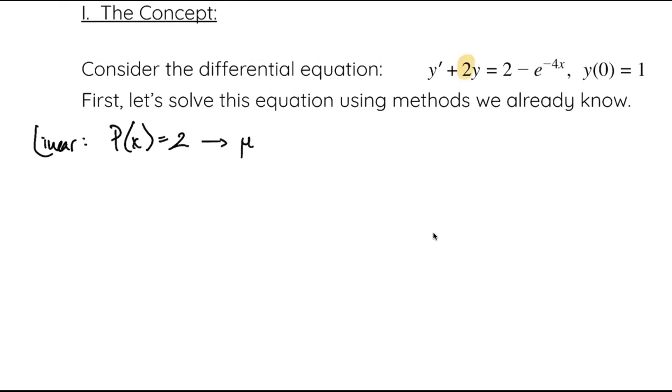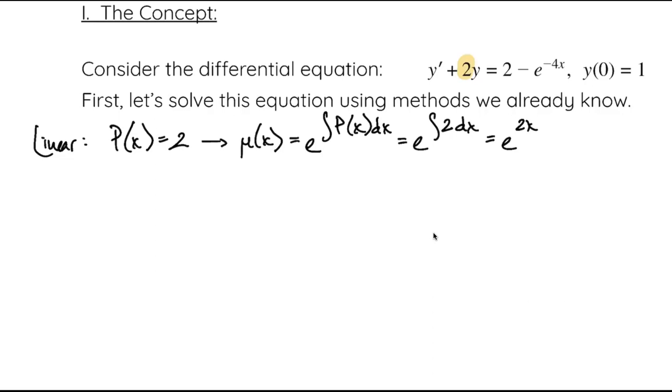And we can find mu of x by setting e to the power of the integral of p of x dx. In this case, we get e to the integral of 2 dx, or e to the 2x. All right. So we found our mu.